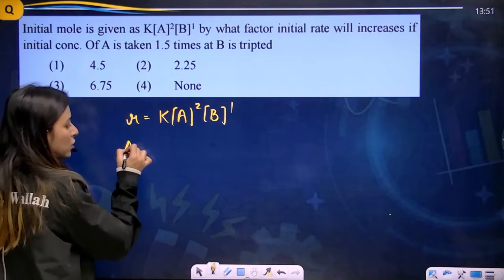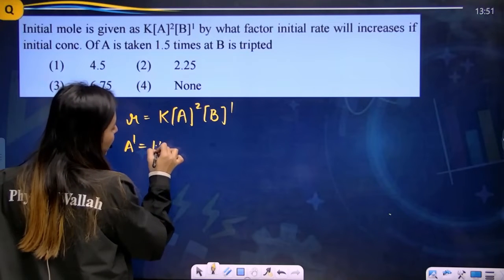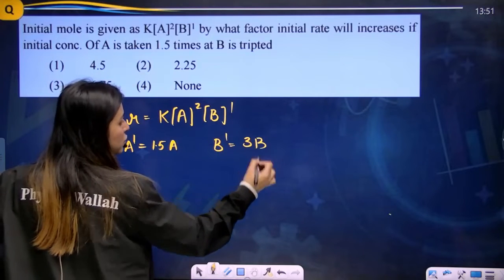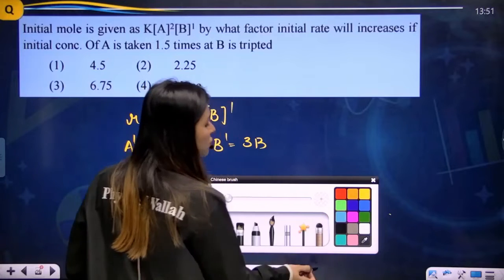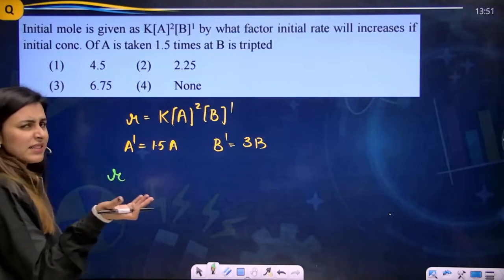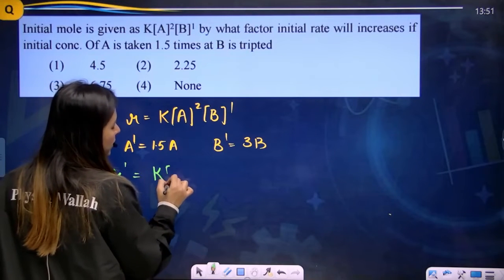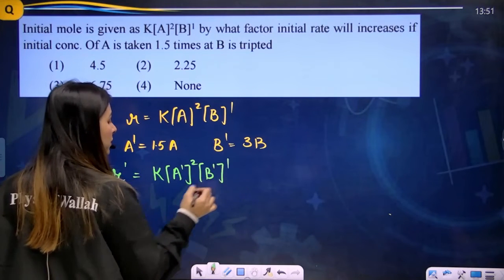You change the concentration of A to 1.5 times A, and you change the concentration of B to 3 times B. Obviously, when you change the reactant's concentration, your rate of the reaction will change. So this would be R dash, which is K into A dash whole power 2 and B dash whole power 1.